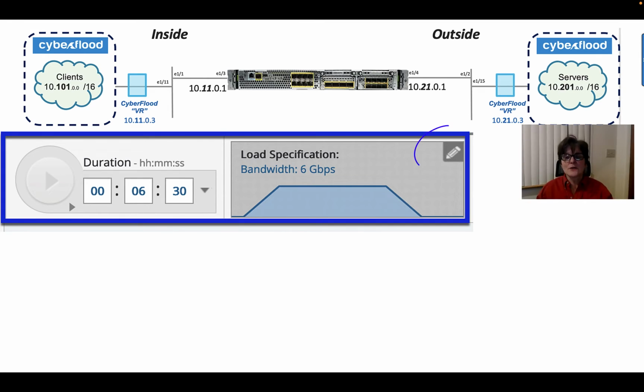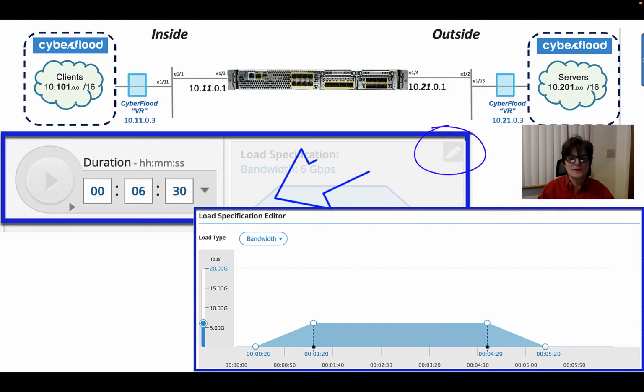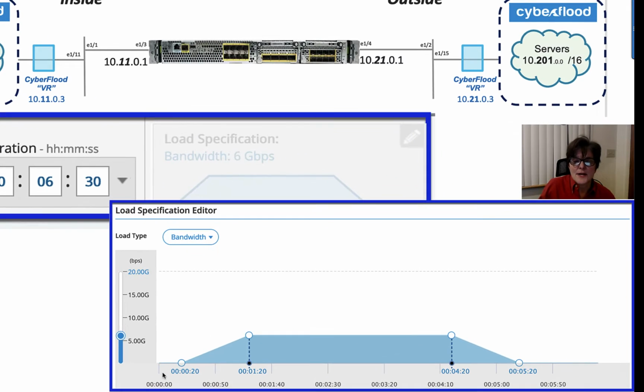Now, if we click on this pencil in load specification, we get to the load specification editor, which I do admit I play a lot in. You have the load type here. For us, again, it was bandwidth, and we have 20 seconds of idle period, and then a minute of ramping up.